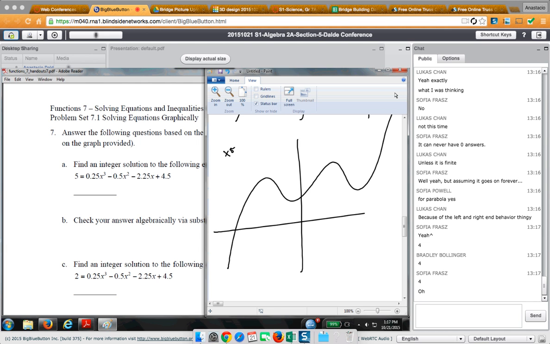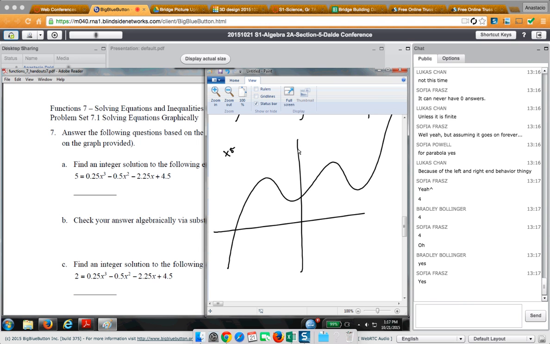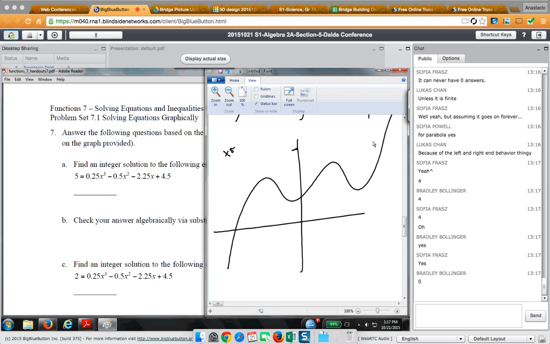Can it ever have a y value where it only gives me 1 answer? Yeah, sure. I make the y value up here. Can I ever have a y value where it gives me 3 answers?